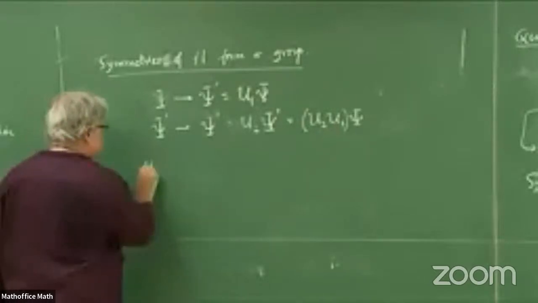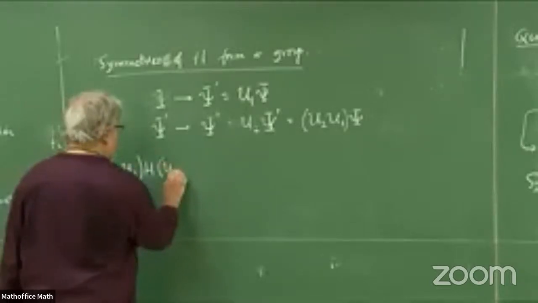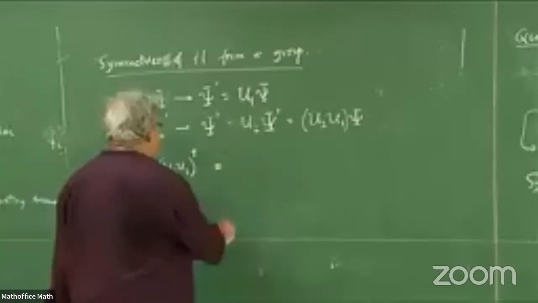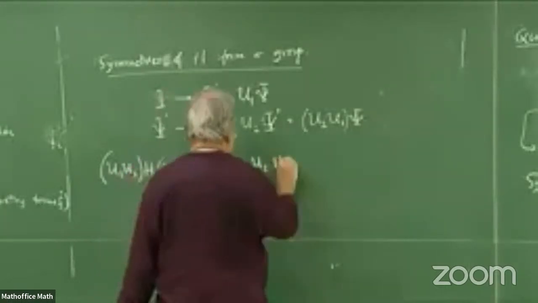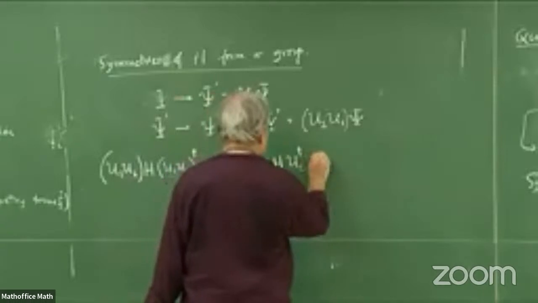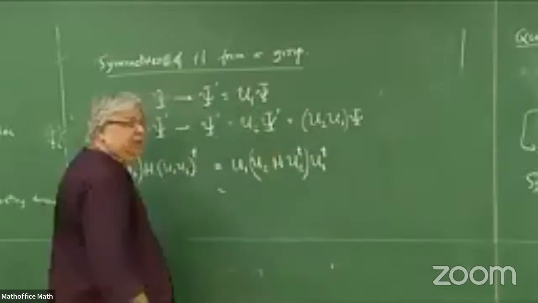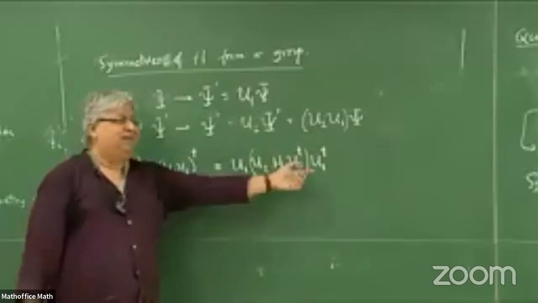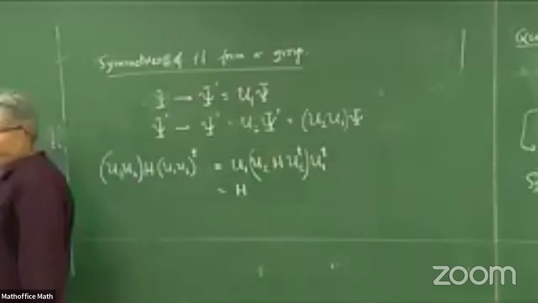So H, transformed with U1 U2, and U1 U2 dagger. So if I put this bracket, the answer is H transformed with U1 dagger. So that satisfies closure.